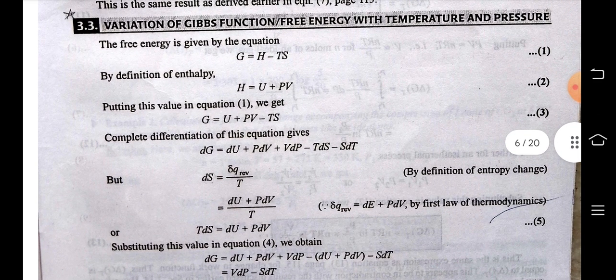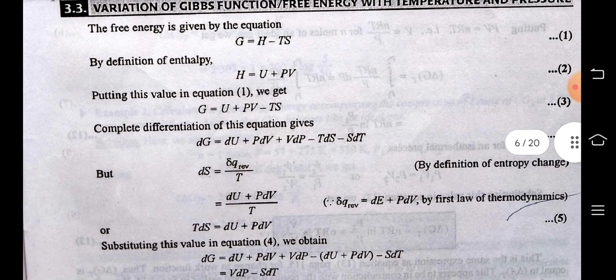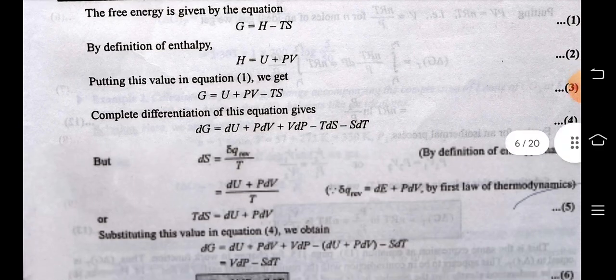Variation of Gibbs function, free energy, with temperature and pressure. The free energy is given by the equation G is equal to H minus TS. By definition of enthalpy, H is equal to U plus PV. Putting this value in equation 1, we get G is equal to U plus PV minus TS.